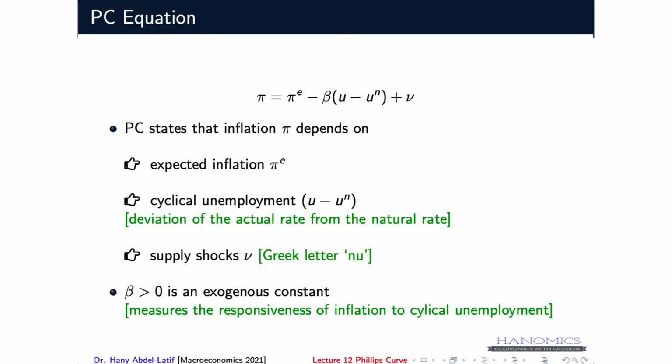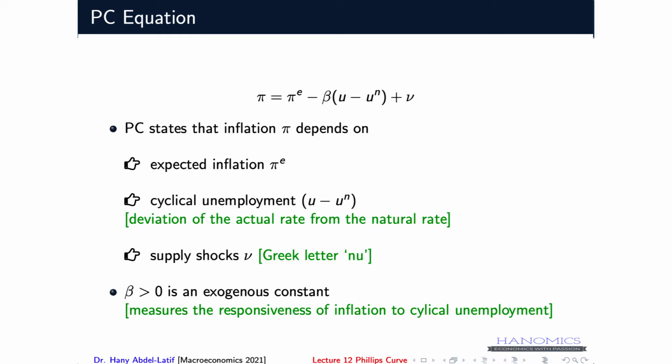This is slightly different from the idea that appeared in the 1960s. As I said, the main reason is that in the 1970s there were supply shocks and we had stagflation, and that put the simple trade-off relationship between the inflation rate and the unemployment rate into question. Then people started thinking about how we may understand this in a more realistic way.